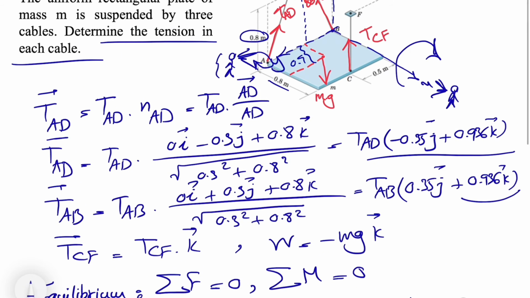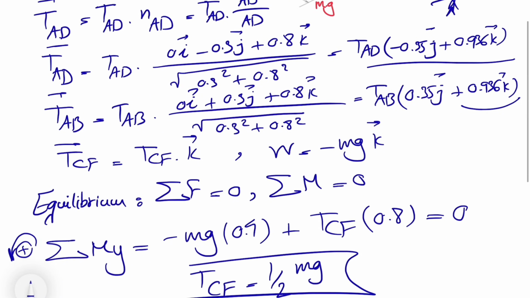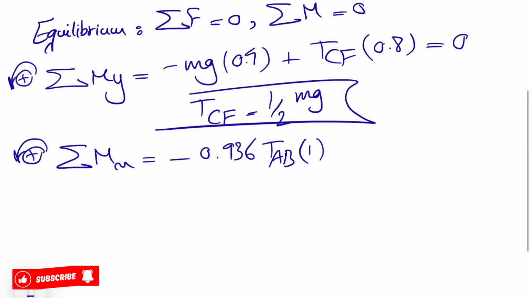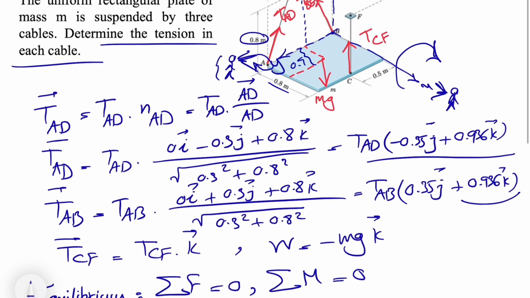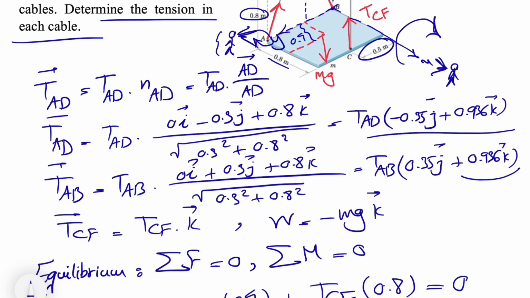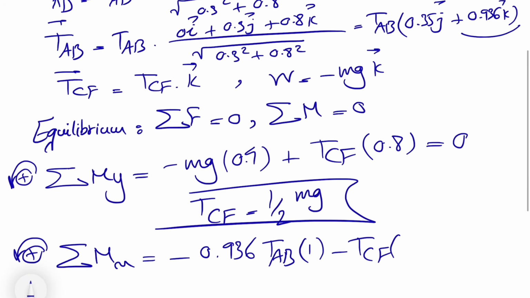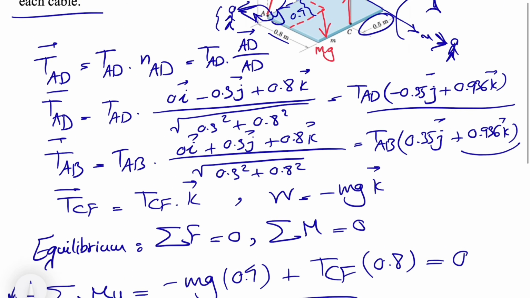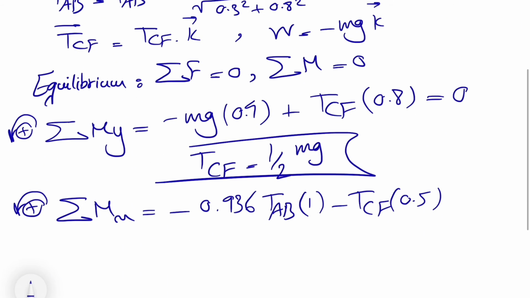So we also have the moment of TCF, again negative, minus TCF, and the distance for CF this time will be this distance, 0.5, to the x-axis. And the last one, mg, since it's in the middle, again we'll have mg, and since it's counterclockwise, we have a positive sign, 0.5, equals 0.